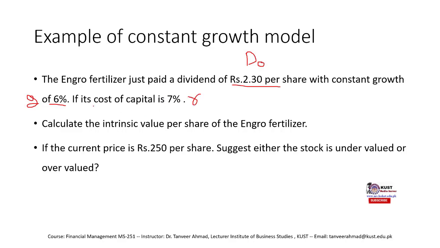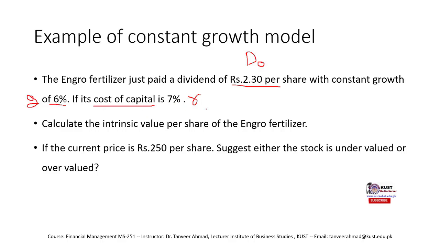This is our R. Remember, R has different names. It can be called cost of capital, or required rate of return of the investor. In bonds we called it yield to maturity, and so on. But when we discuss the cost of capital or the WACC topic, it would be more understandable why there are different names for it.